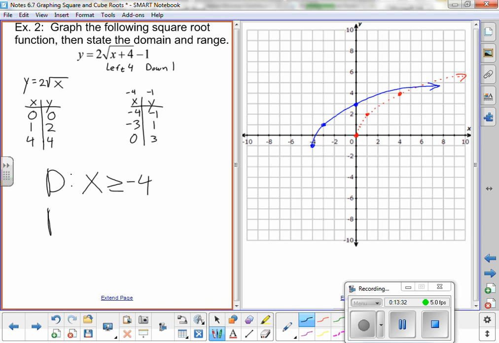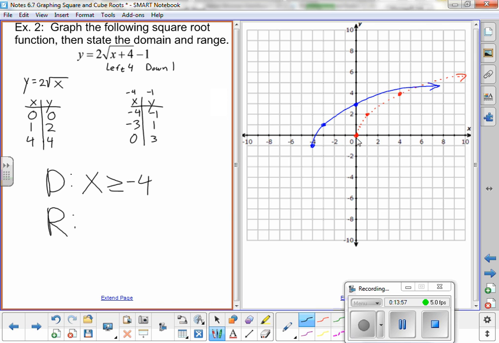Okay, now let's do our range. Now, your range is how high up and how far down it goes. It only goes down to my y-axis right here, where it stops existing anymore down here. So my y is -1. All the way up, and then it looks like it flattens out right here, but there's no asymptote. So it actually keeps going up forever.